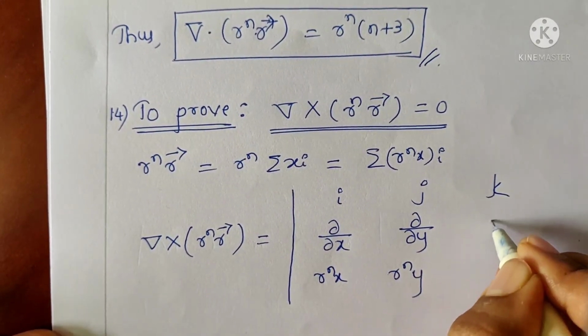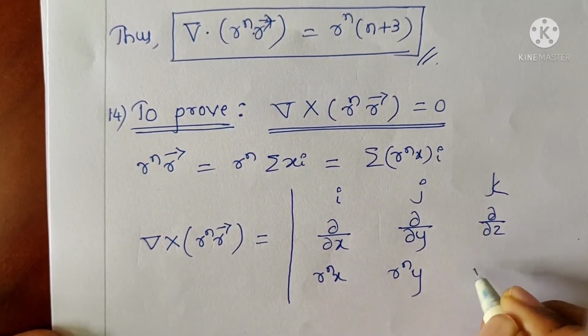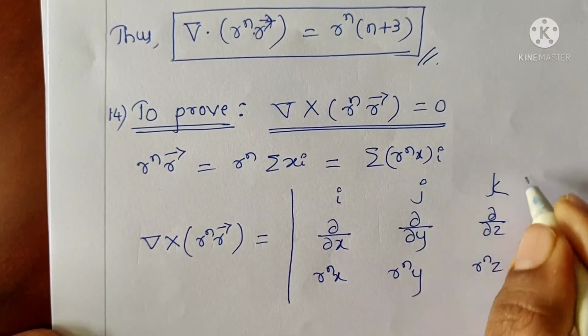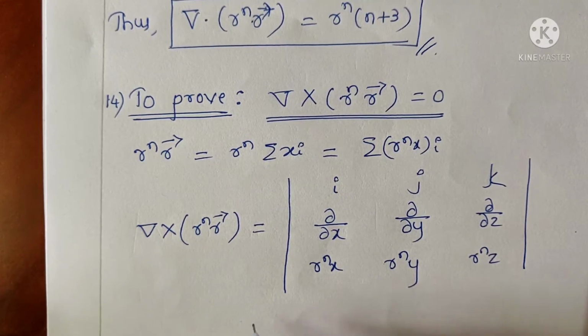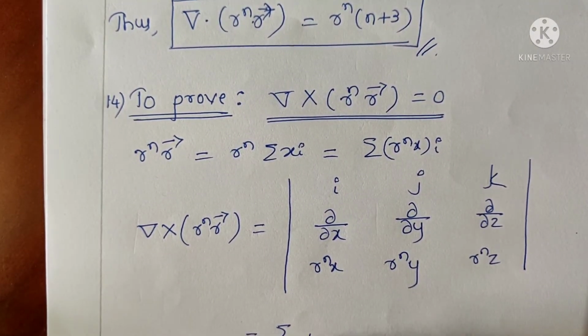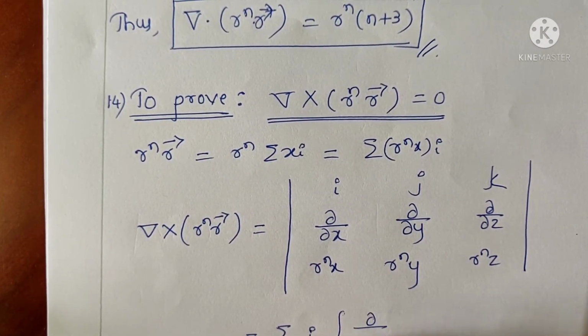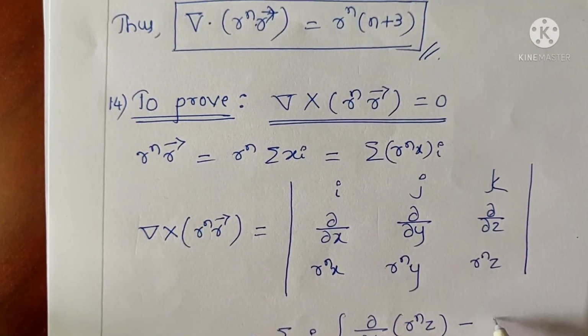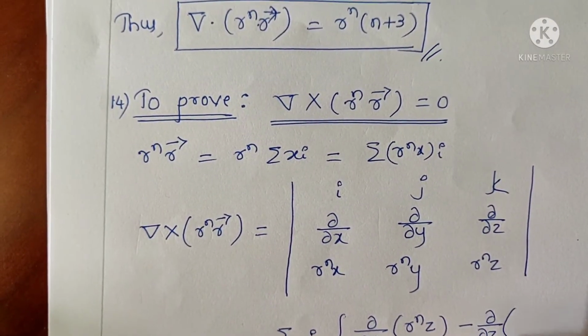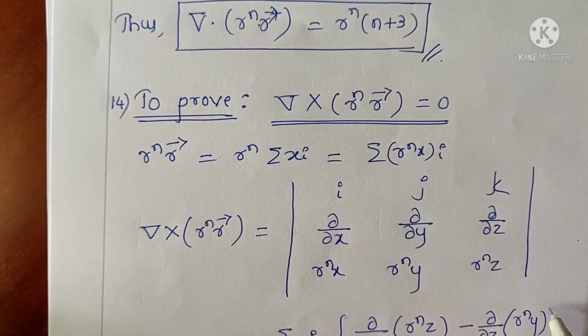For k, ∂/∂z, then r^n into z. So now upon the determinant, it is again summation of i into ∂/∂y of r^n into z minus ∂/∂z of r^n into y.